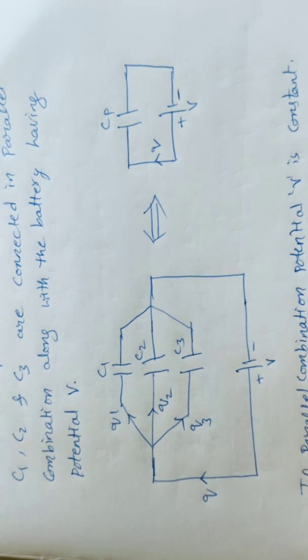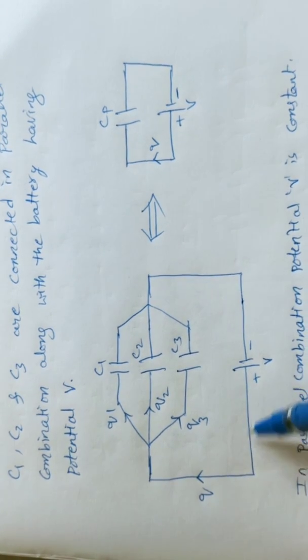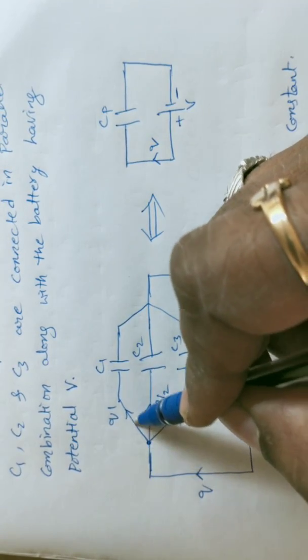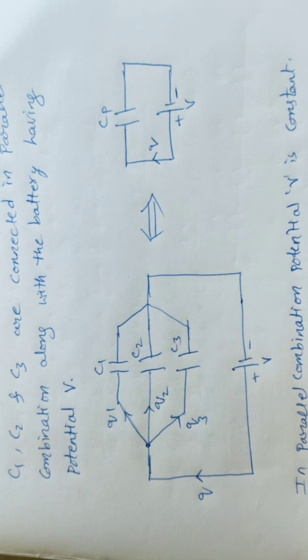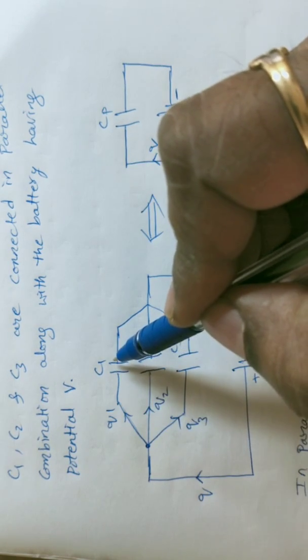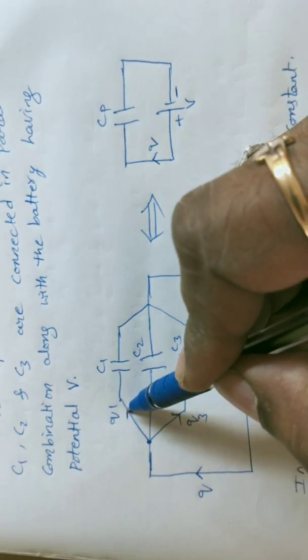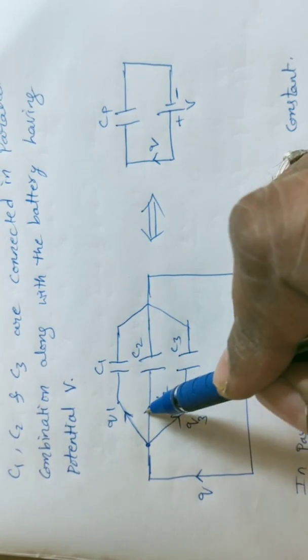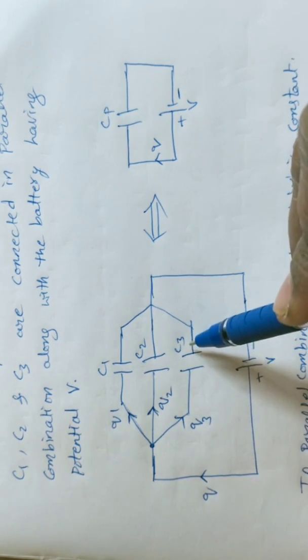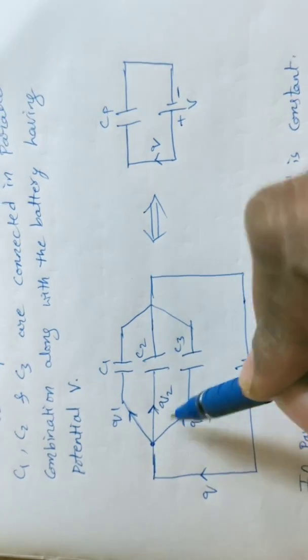So friends, in the first diagram observe carefully. Up to here the charge Q is present. Here for the charge, how many routes do we observe? 3 routes. Along capacitor C1, Q1 charge is flowing, along capacitor C2 charge Q2 is flowing, and similarly through C3, Q3 charge is flowing.